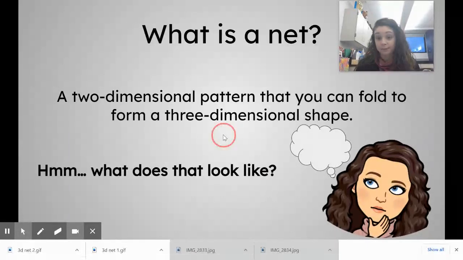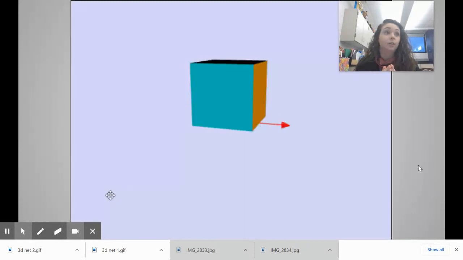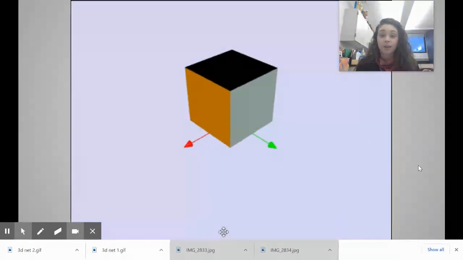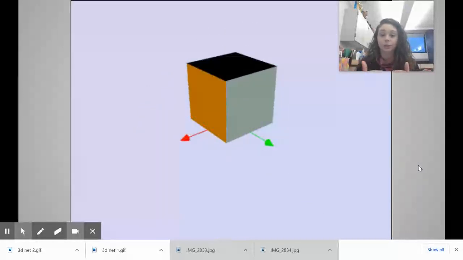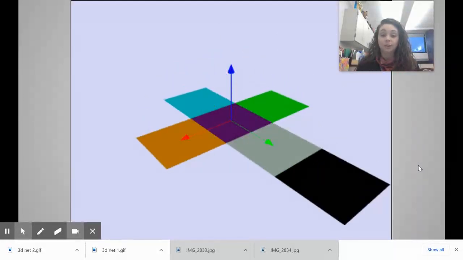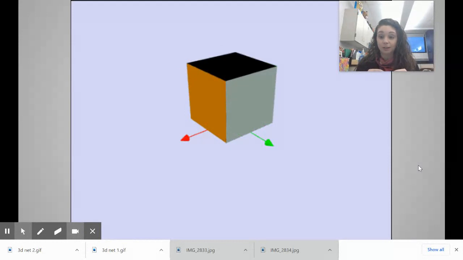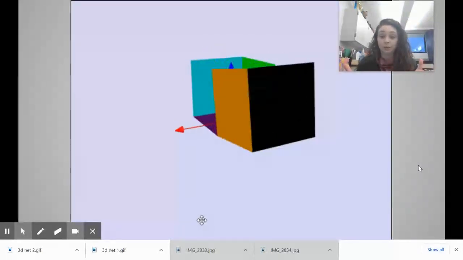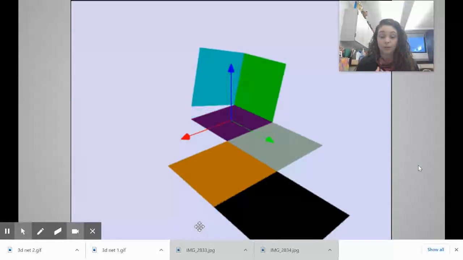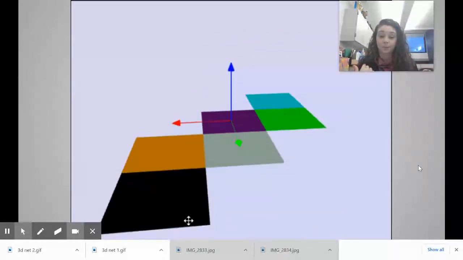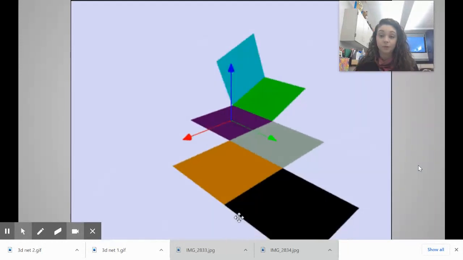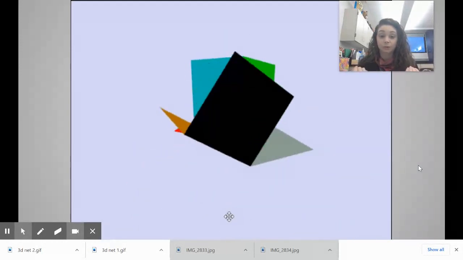So what does this look like? Here's a net for a cube. This is going to unfold in a couple different ways, but the first way, this is our first original net. It opens up and you can fold it back together. It goes from a 2D shape to a 3D shape. There's another way that that same net can be folded up to form the same shape, a cube.